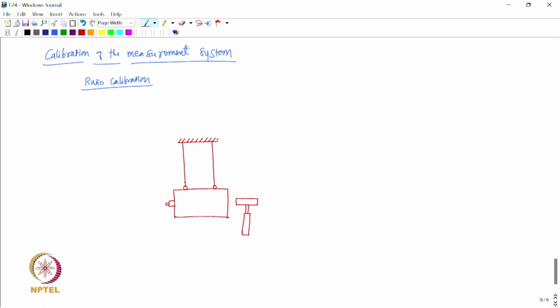Okay, and then we measure the acceleration. So we can have, let's say, the FFT analyzer here like this. Then we have channel 1, channel 2, and then we can have a signal conditioner or charge amplifier.